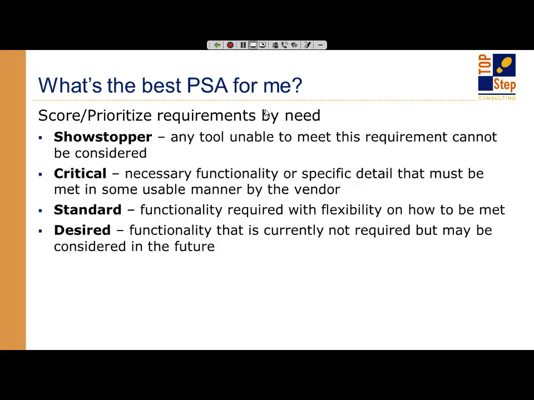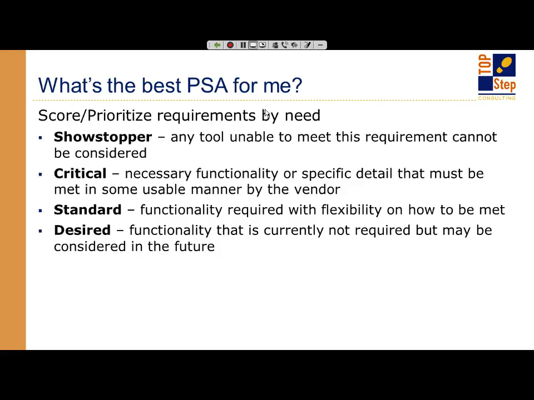And standard functionality is things like you have to be able to log in, you have to have a password that's encrypted, things that are pretty standard for tools and that you would expect to be available in the PSA tool. But there are always requirements where people are like, boy, it really would be nice if the PSA tool can do this. It'd be nice if we could allow people to change the color of their screen.